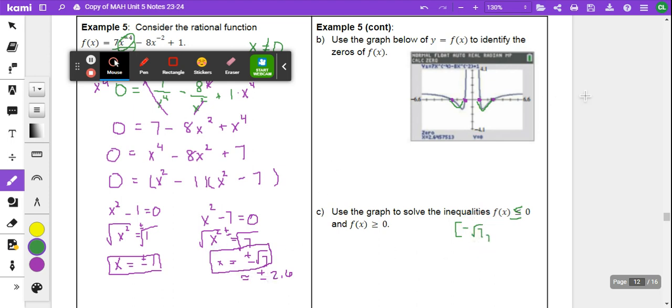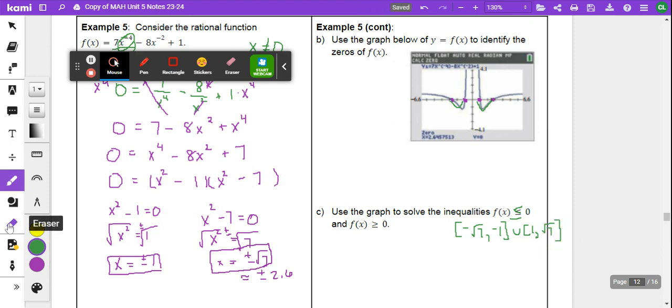I only use 2.6 so I can know where it would be approximately. That one goes from negative radical 7, negative 2.6-ish, to negative 1. And it's going to be union with this little piece, and that one goes from 1 to 2.6. But remember, we're not going to call it 2.6. We're going to call it radical 7. And they both touch.